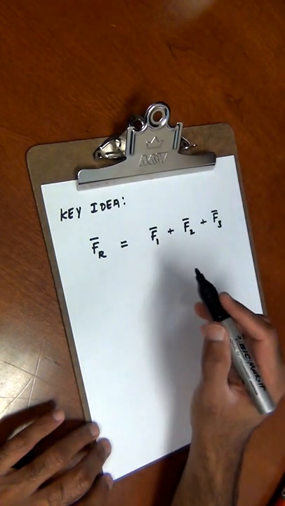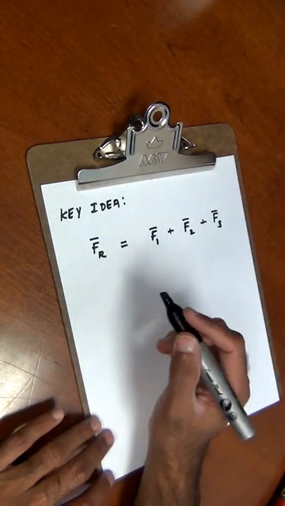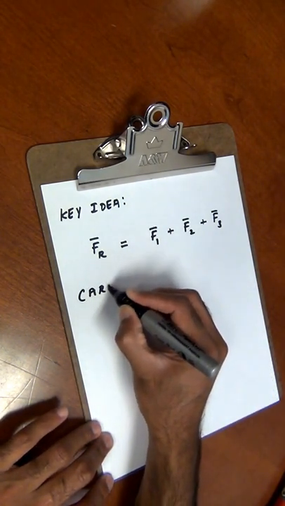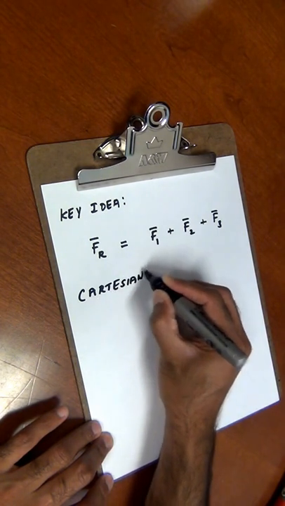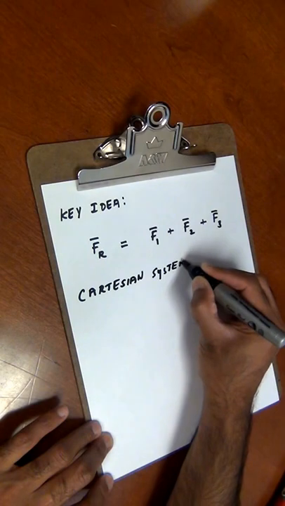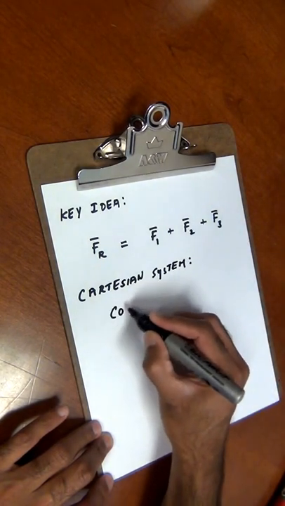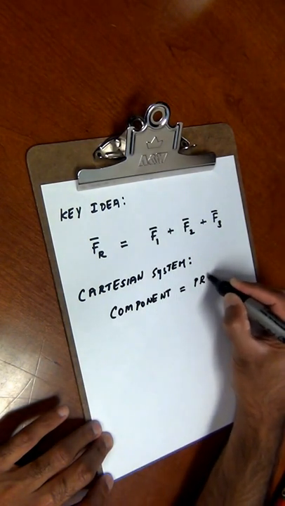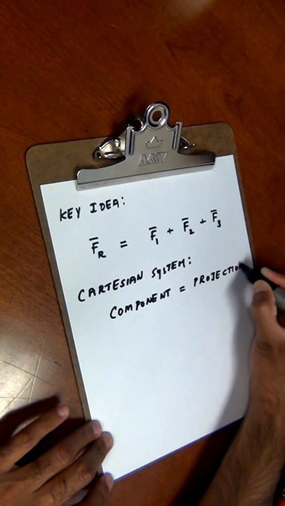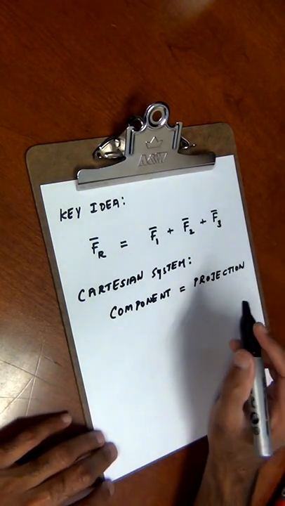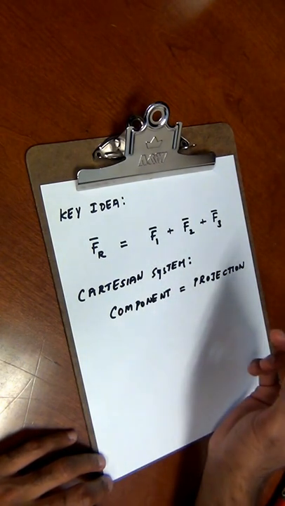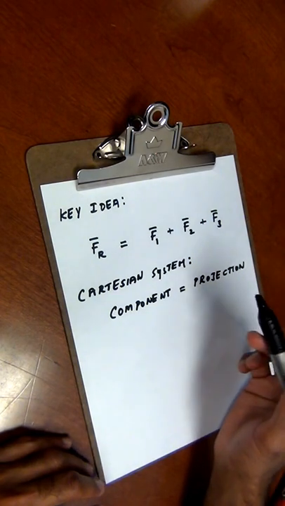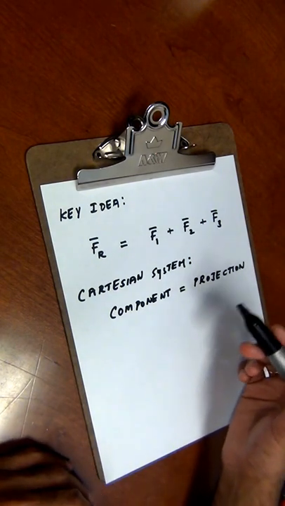And another key idea here is that since we are using a Cartesian coordinate system, the component is the same as the projection. The idea is we're going to write each of these forces F1, F2 and F3 in terms of their i and j components, or the x and y components, and then add up the components along the respective directions.